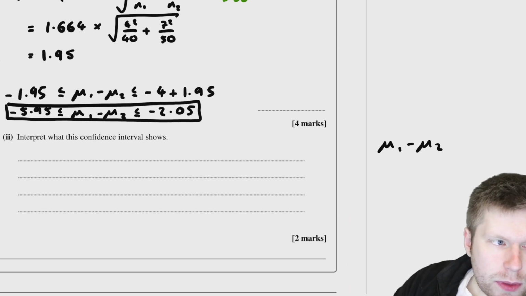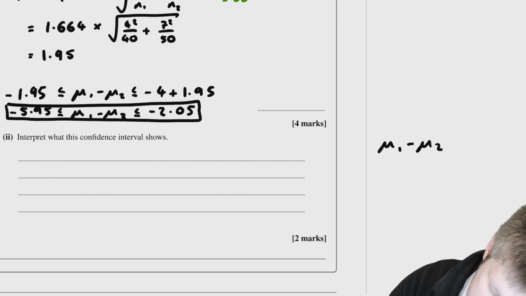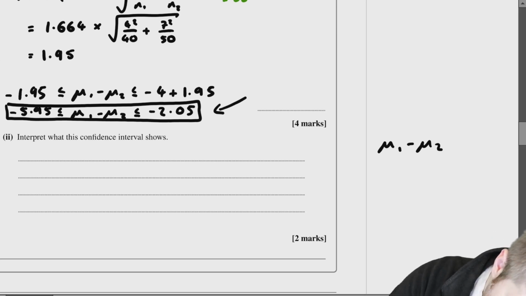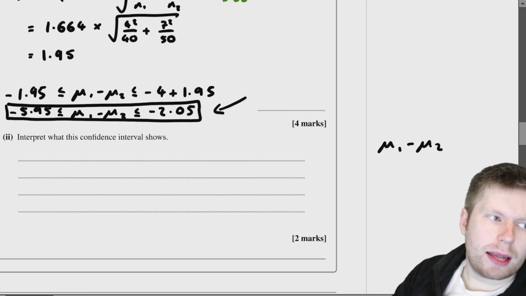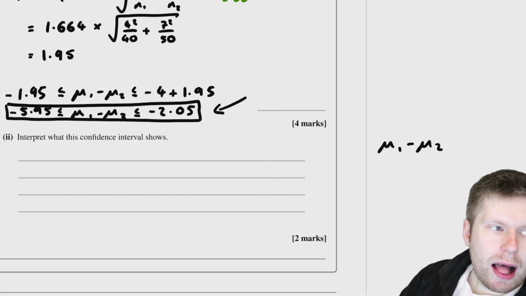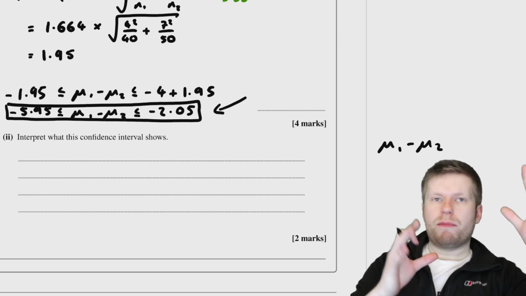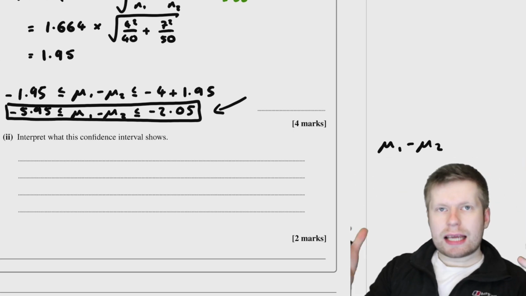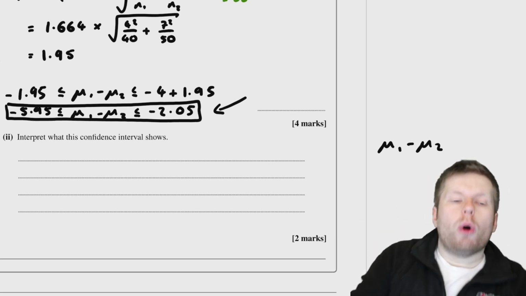Now, if this is greater than 0, have a look at this. What I'm basically saying is that mu1 take away mu2, the difference in the mean baguette length baked by each bakery, is negative, because the lower threshold is -5.95 and the upper threshold is -2.05. That has got to be negative.